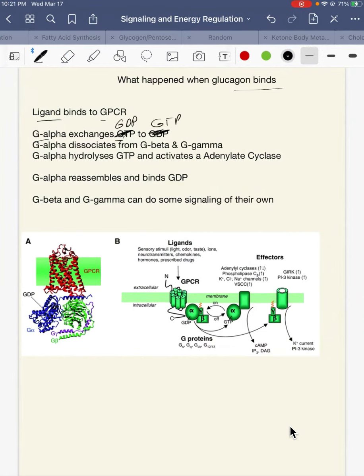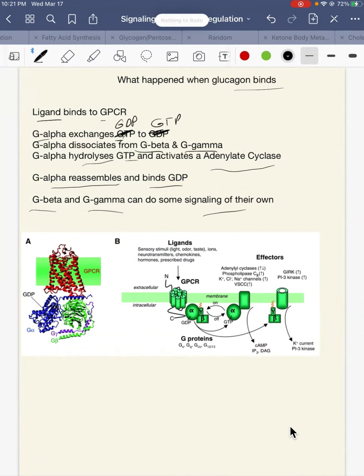G alpha dissociates from G beta and G gamma. Then G alpha hydrolyzes GTP and activates adenylate cyclase, which is the next protein in our signaling cascade. And then once it activates adenylate cyclase, it reassembles and binds GDP, and then it waits until another ligand binds. And then G beta and G gamma can do some signaling of their own.